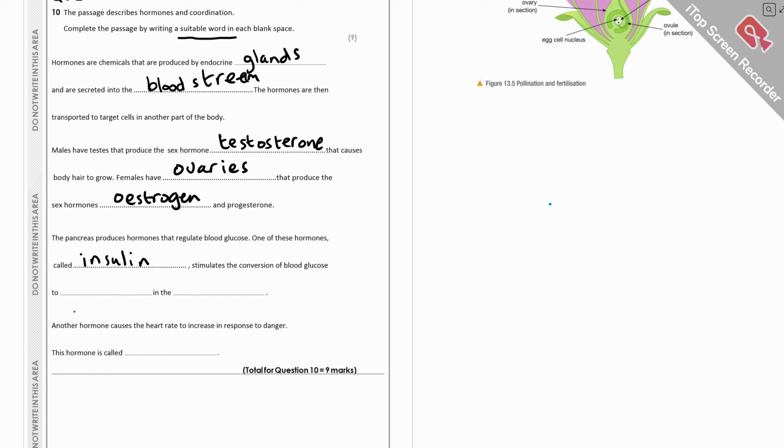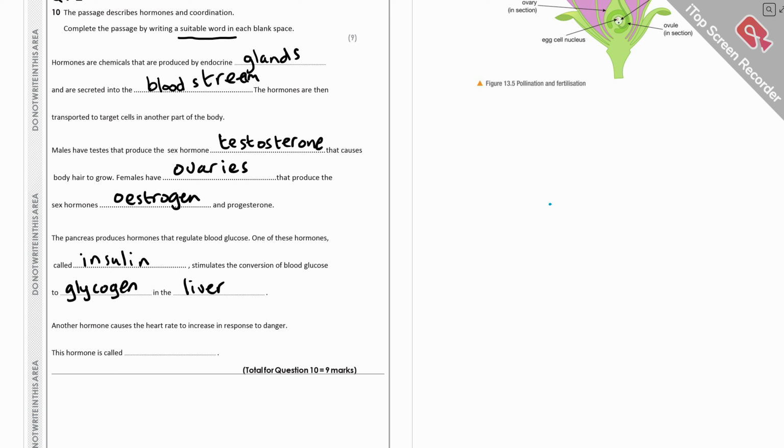It stimulates the conversion of glucose into glycogen in the liver. Also in muscle cells, so they'll allow liver or muscle, but just learn liver.